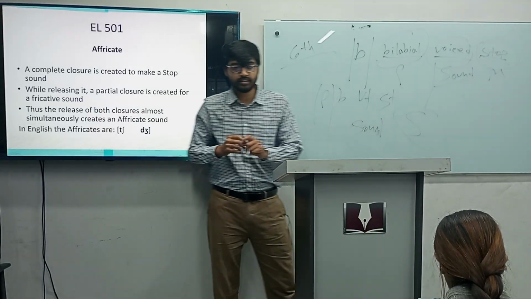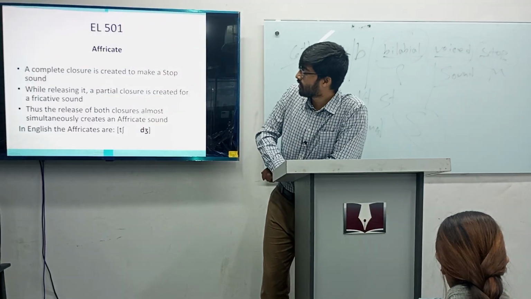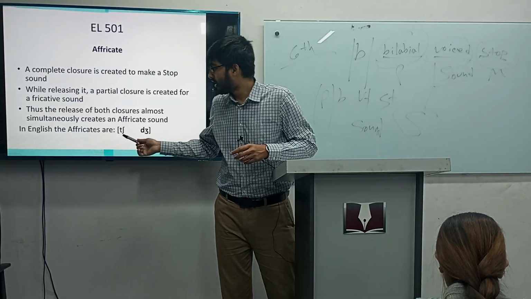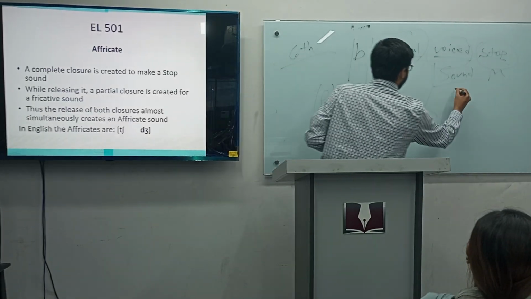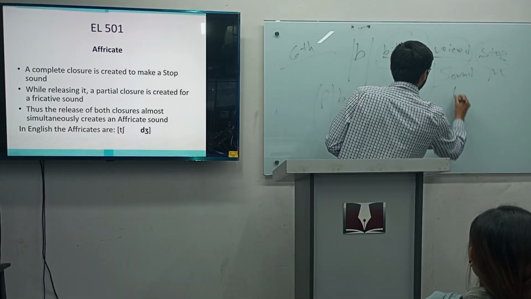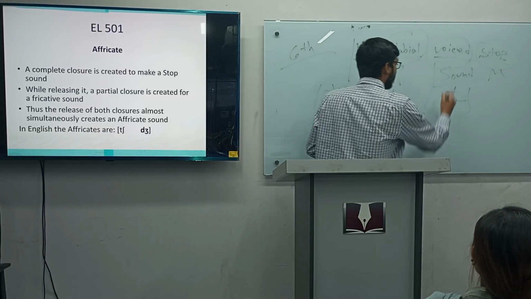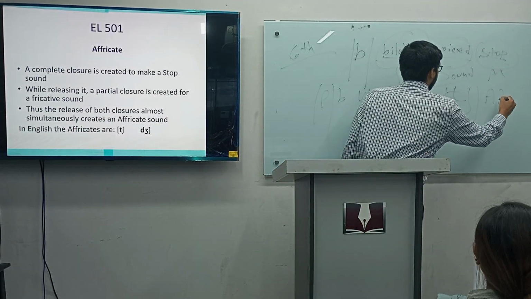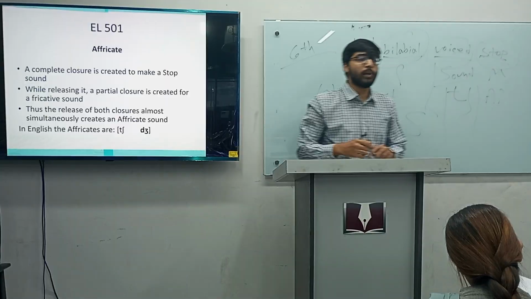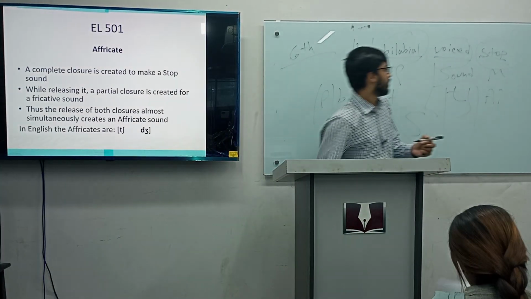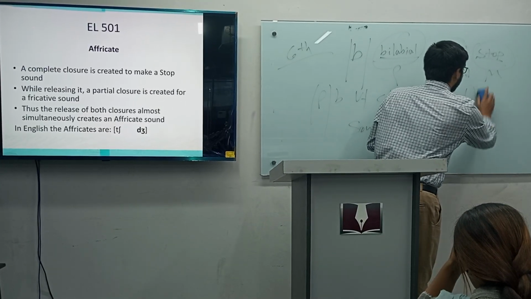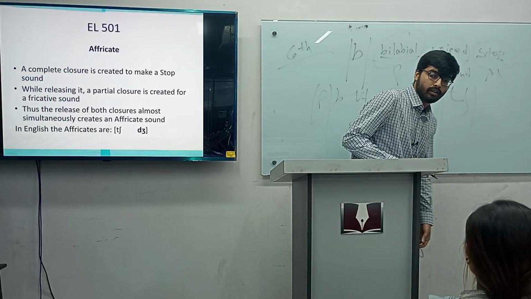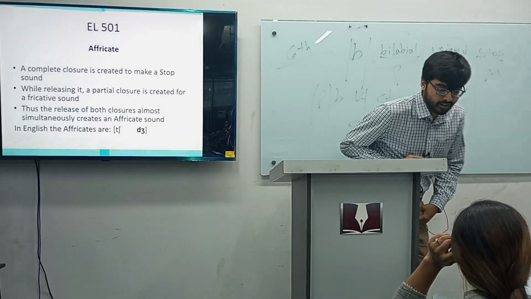Cha. Cha is an affricate. First, the place of articulation, then the manner of articulation. Palatal. Post-alveolar or palatal-alveolar.